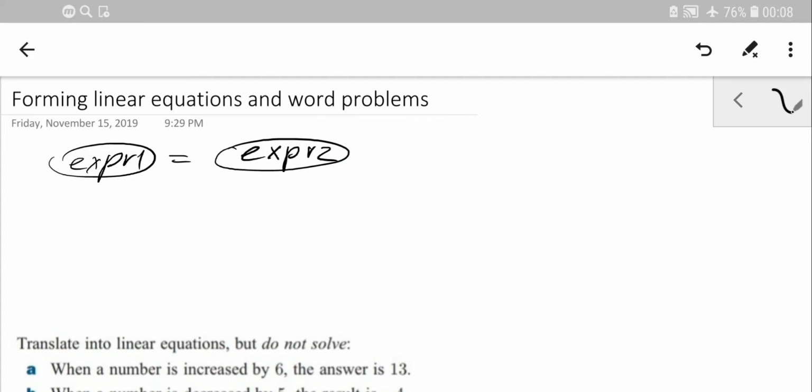This statement tells you that the two expressions are the same in value. Why? Because expression 1 might contain x, let's say 2x minus 1. Expression 2 also might contain x, and let's say it's a bit different. That is what is called an algebraic equation.